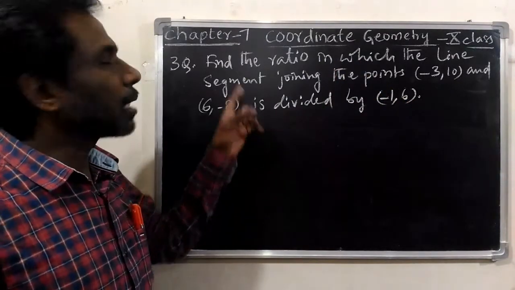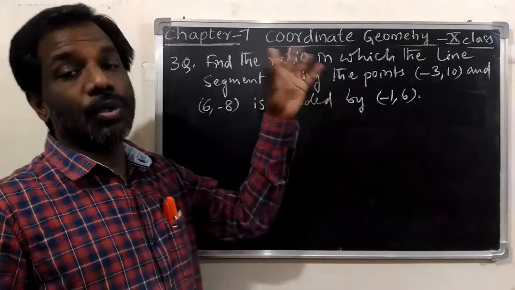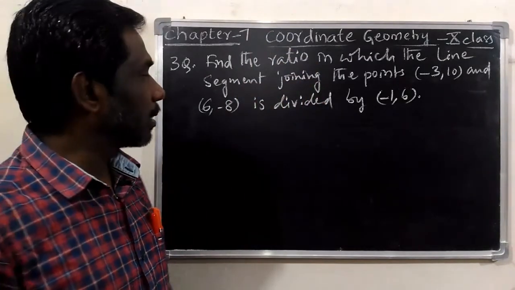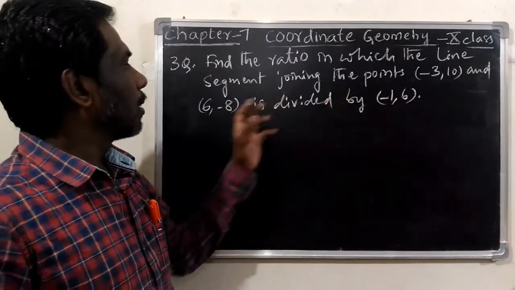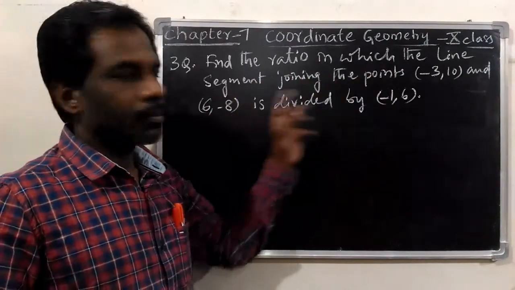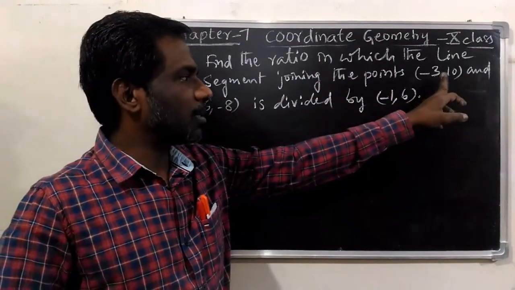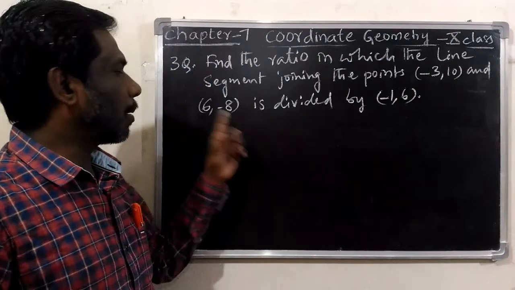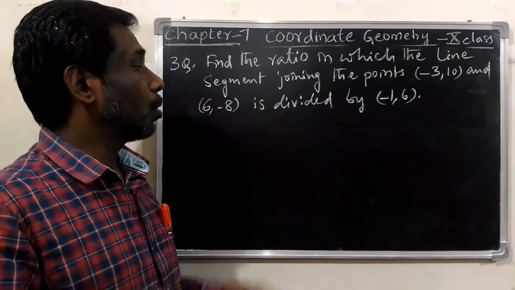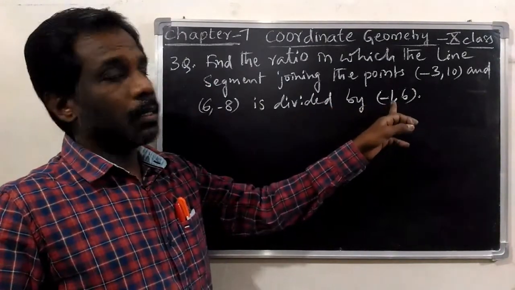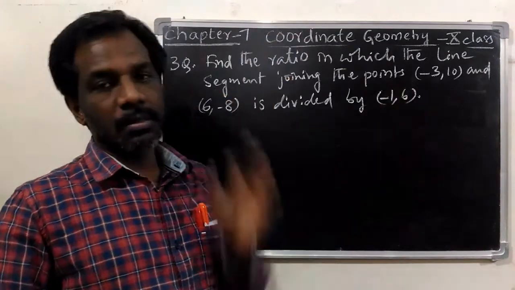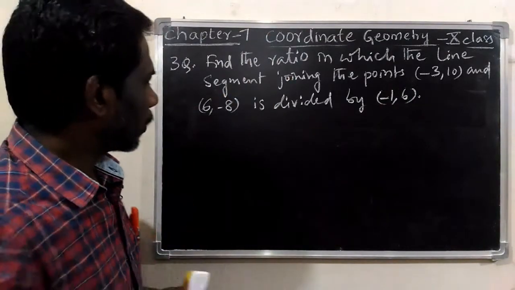In this question they are asking to find the ratio. What they have given is the points of the line segment: (-3, 10) and (6, -8). And also the dividing point is (-1, 6). That is also given. So let us solve the question.